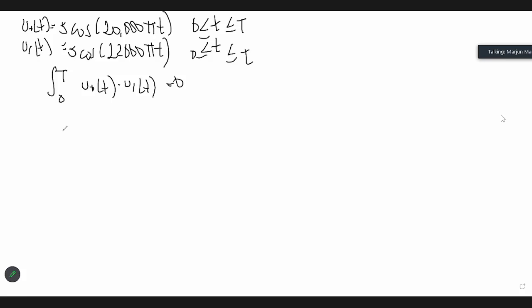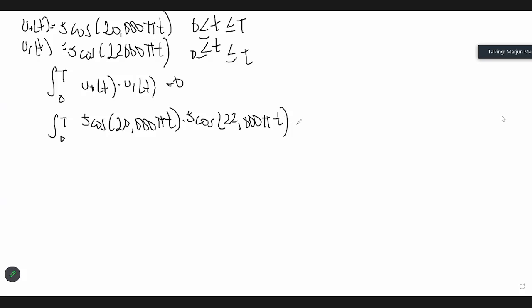So palitan natin. This will be equal to the integral of 0 to T of 5 cosine 20,000 pi t multiplied by 5 cosine 22,000 pi t dt, is equal to 0. I forgot dt.